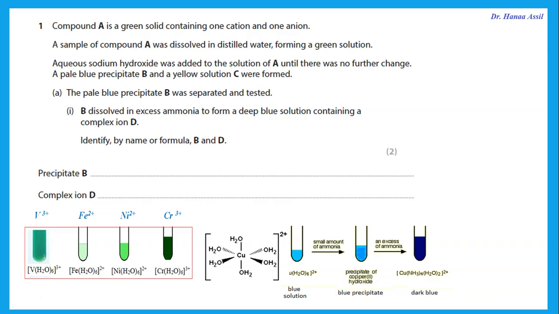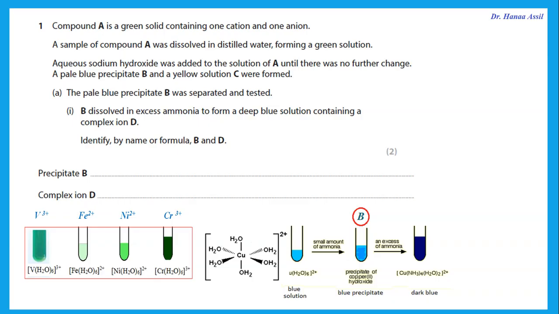When we have the copper complex with 6 water ligands, this is a blue solution. Now we're adding a little bit of ammonia or a little bit of sodium hydroxide, it gives a blue precipitate. When we add excess ammonia, then we have a complex of copper with ammonia and water.